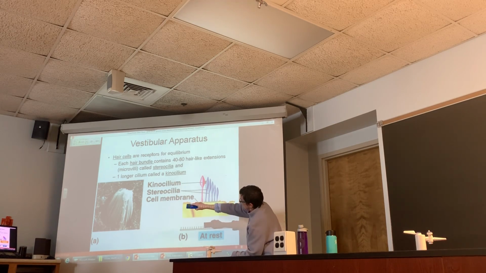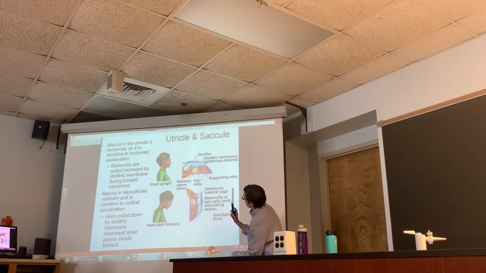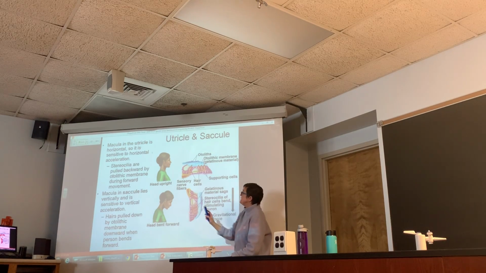But there's the actual photograph of what those stereocilia look like. And again, here's the enlarged picture. But here's another picture showing you kind of the same thing. Here, when she's just standing upright, not moving, the otoliths are at rest. But when she puts her head down, the otolith sags down and bends those stereocilia. And this would also happen in the opposite direction if she tilted her head back.